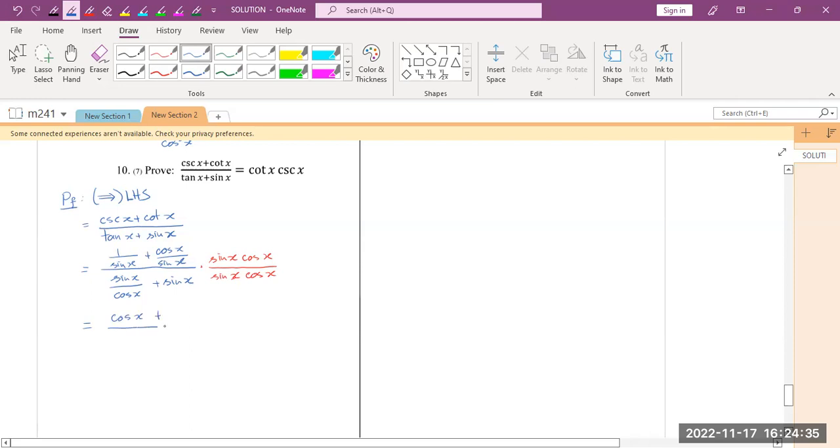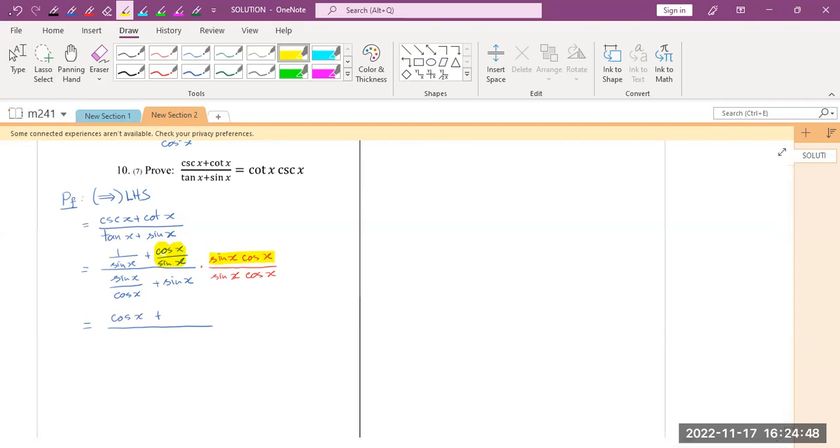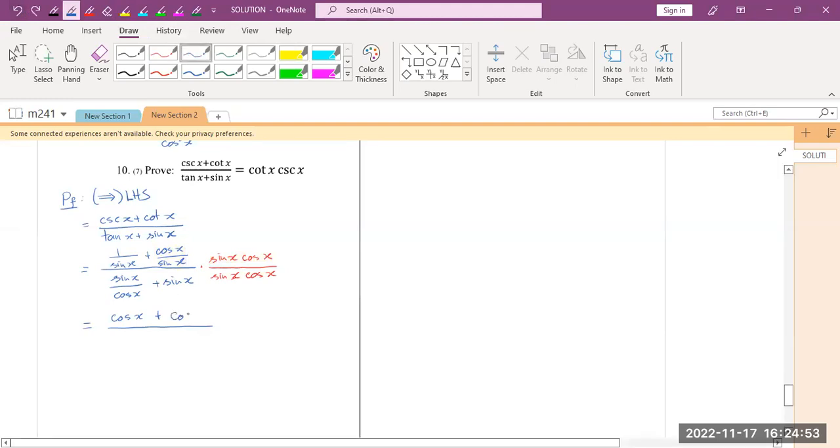Plus the top right, cosine x over sine x multiplied by sine x cosine x. The sine x cancel. We get cosine squared x. At the bottom, we have sine x over cosine x multiplied by sine x cosine x.